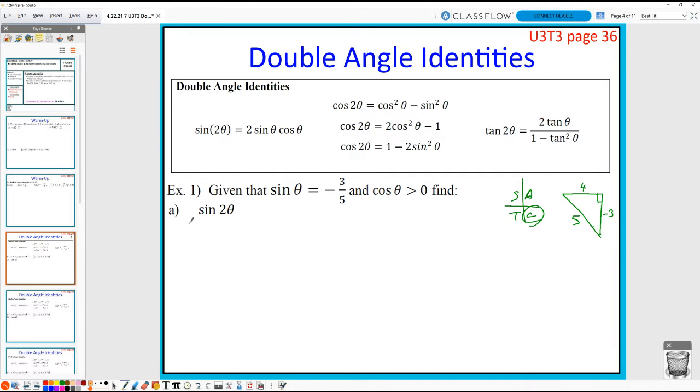Not a huge deal. So with that, I'm going to go ahead and write down what cosine is, because with sine 2 theta, I'm going to need sine theta and cosine theta. Sine theta I have, cosine theta is going to be 4/5. So from here, I'm going to say sine of 2 theta. I'm going to first expand this out, which is 2 sine theta cosine theta.